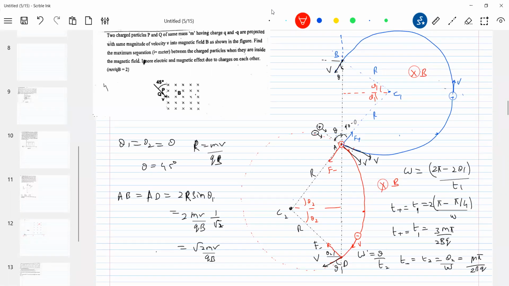See, what is the maximum separation when the negative charge particle is coming out of the magnetic field? Then we'll see where the positive charge particle will be. When the negative charge particle is coming out of the magnetic field at point D, where will the positive charge particle be?